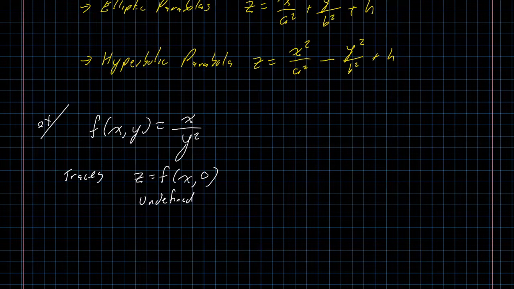We can take a look at z equals f of 0 and y, which just gives us that z is equal to 0 as long as y is non-zero, which is certainly one of the traces, but not all that interesting.